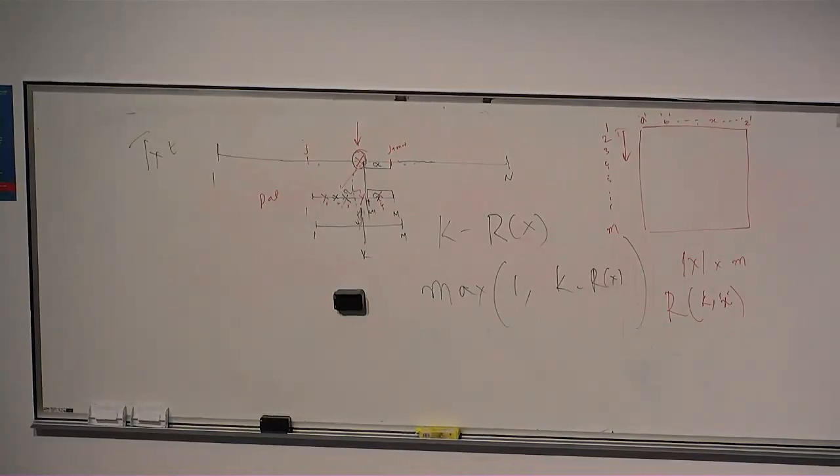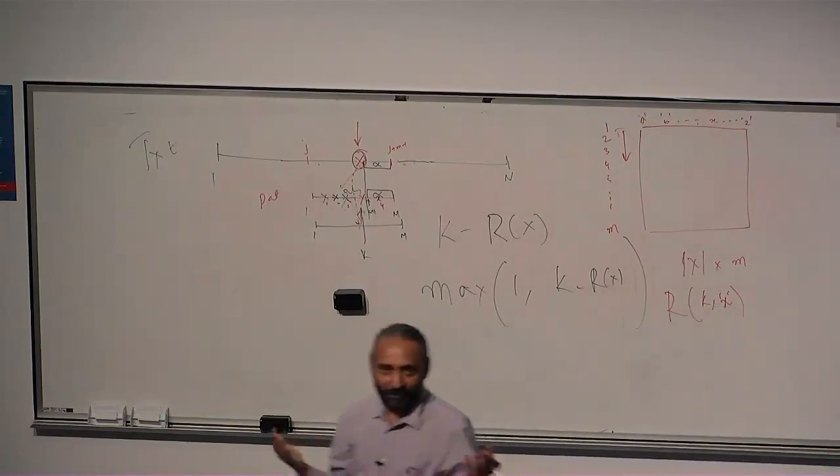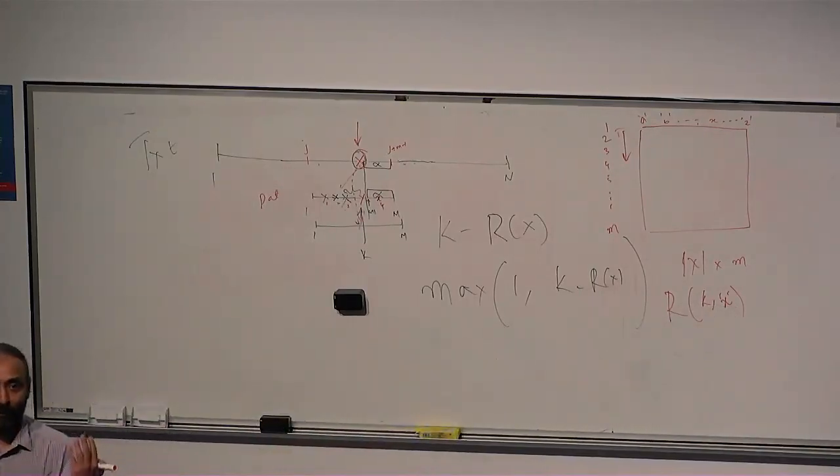Rightmost occurrence of A to the left of 3 is still 0 because we are not counting that position. 4 would be 3. At position 3, you saw an A, didn't you? At 5, the rightmost occurrence of A, 3 to 6, it's still 3. But at 7, I got a new A, it's 6. Can you see that? And do you agree that I can pre-process it quite trivially before I start?